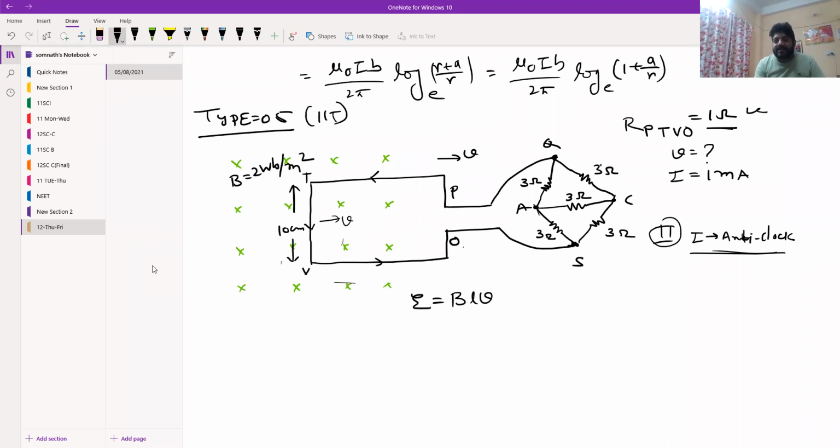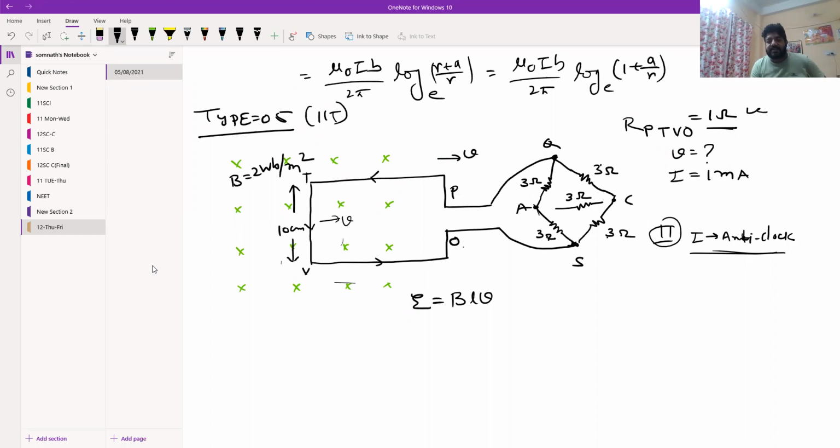So this resistance by this resistance equals this resistance by this resistance, which satisfies the balanced Wheatstone bridge. As it satisfies the balanced Wheatstone bridge, I can remove AC from the circuit, yes or no? I am just removing it, but I put it here so that you are not confused. It is there, but due to the Wheatstone bridge, I am removing it from the circuit.